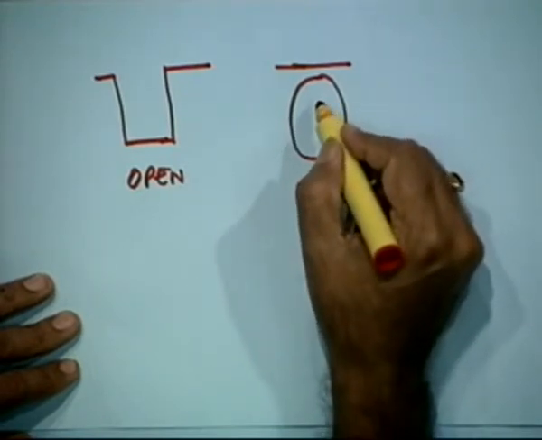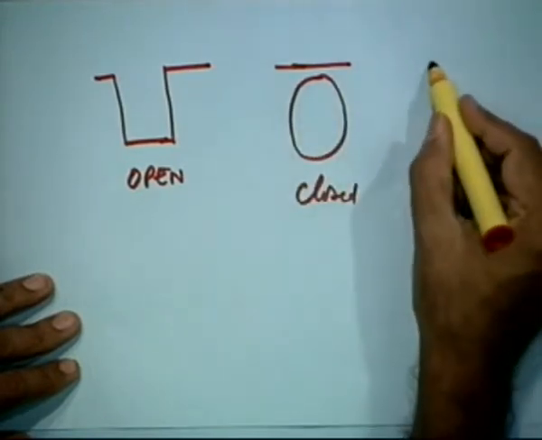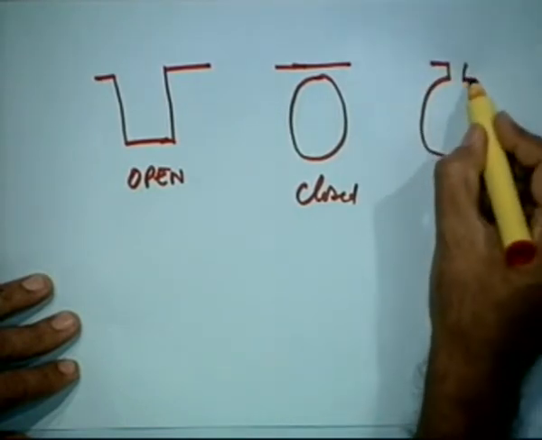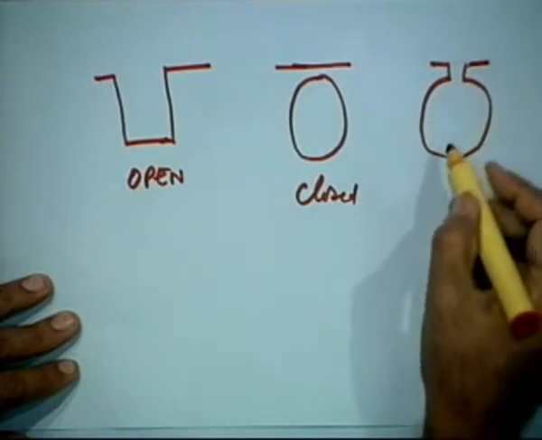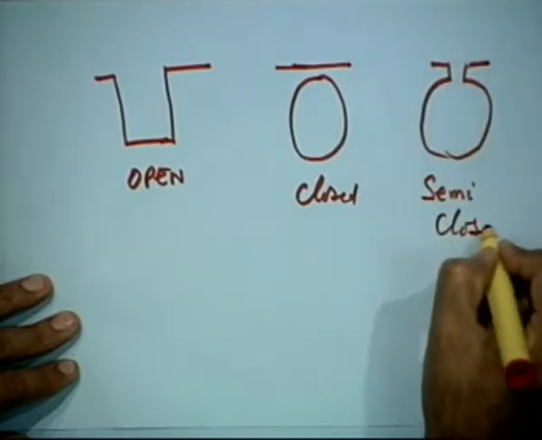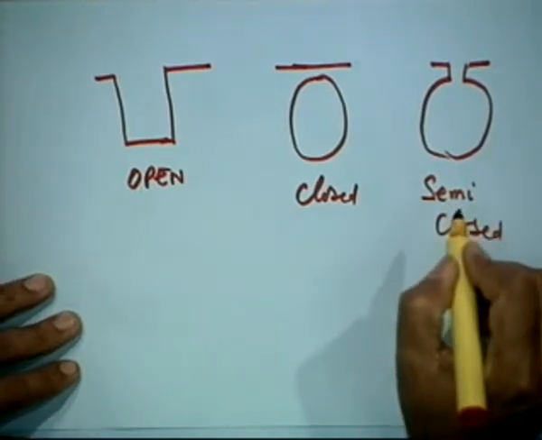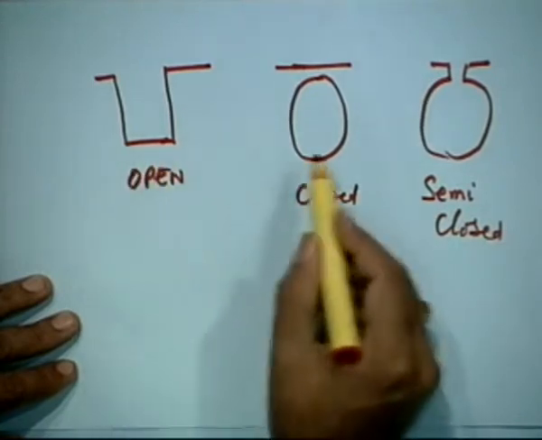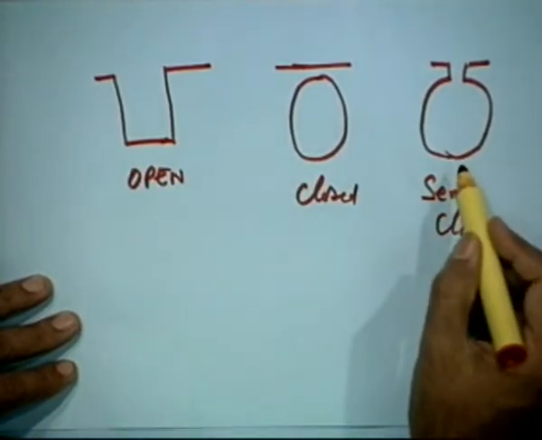You can't put it from the top. It's closed. Or you can have semi-closed slots. This is semi-closed. These are the types of slots which are in use depending upon the type of machine and the size: open slot, closed slots and semi-closed slots.